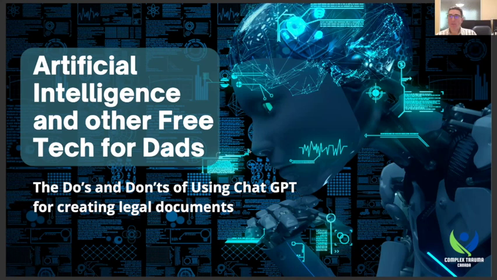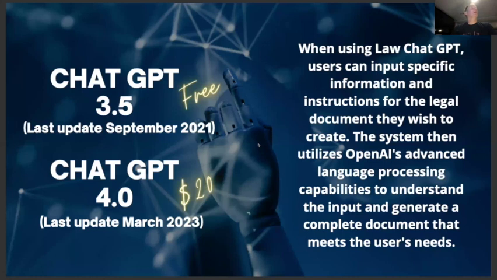Okay, so today we're going to be talking about artificial intelligence and other free tech for dads, including the do's and don'ts of using ChatGPT for creating legal documents. We'll be talking about ChatGPT 3.5.